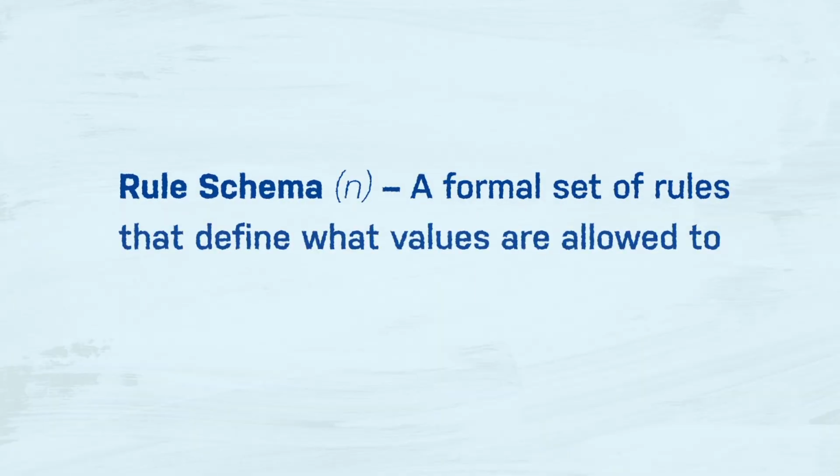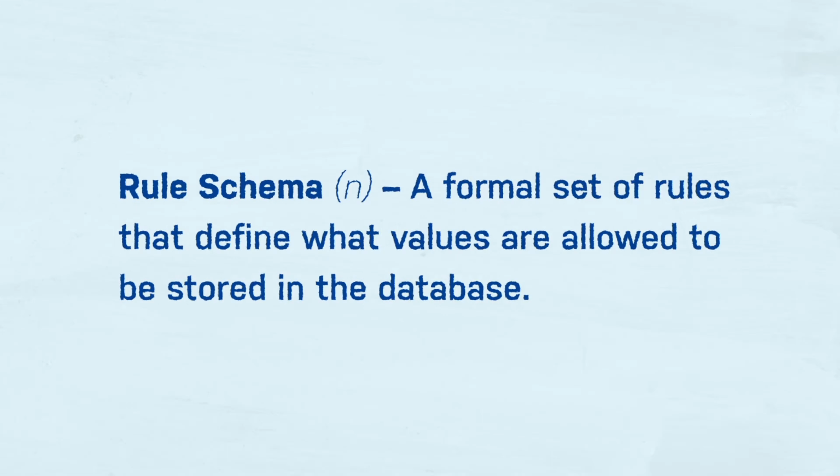You don't necessarily need an explicit rule to enforce the existence of that entity, but that entity is still part of your logical schema. However, some systems require a formal set of rules that define what values are allowed to be stored in the database. These rules are also known as schema, or rule schema, to distinguish it from the logical schema.